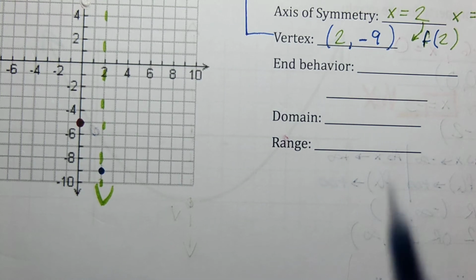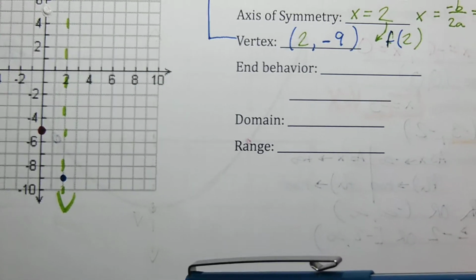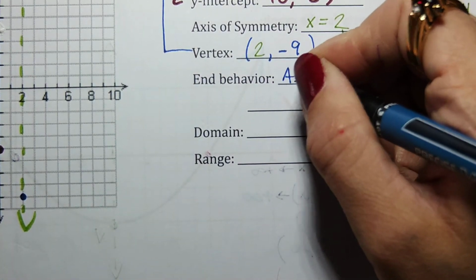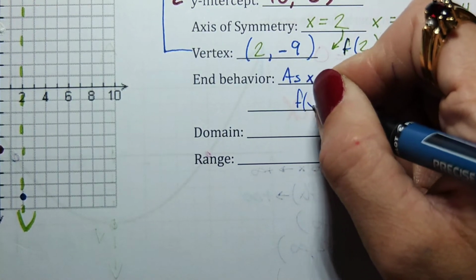Now, do we know what the end behavior is already for this graph, even though we don't know what the graph looks like? If this is a happy graph, what's my end behavior going to do? It's going to go up and up towards infinity. So let's go ahead and write that notation. We look to the left first as x goes towards negative infinity. What's my function doing?